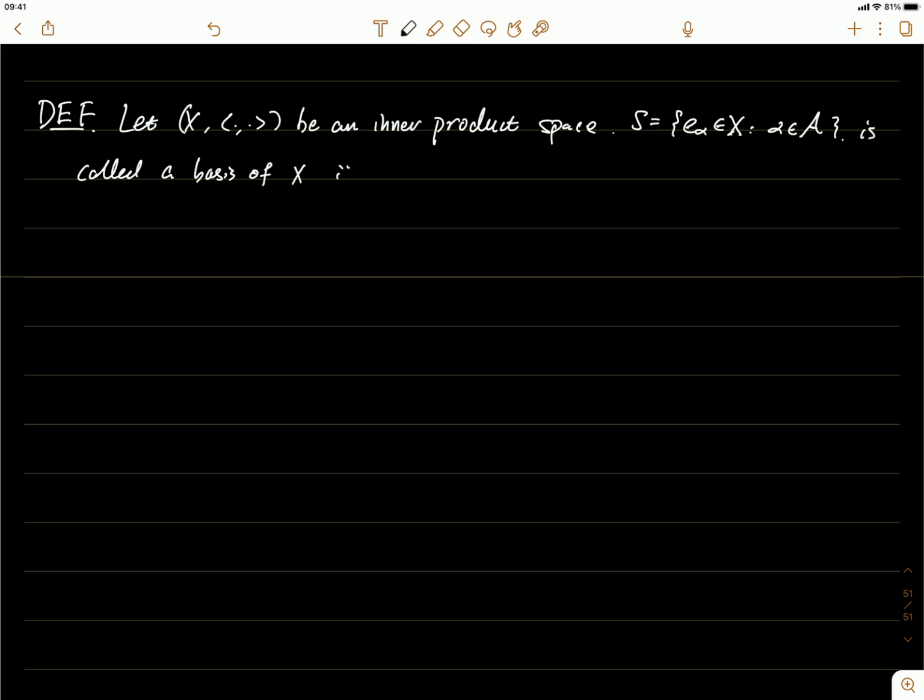Basis of X, if for any element in X, it can be written as a linear combination of these elements in S. And moreover, the combination coefficients of this linear combination or linear representation is given by this.